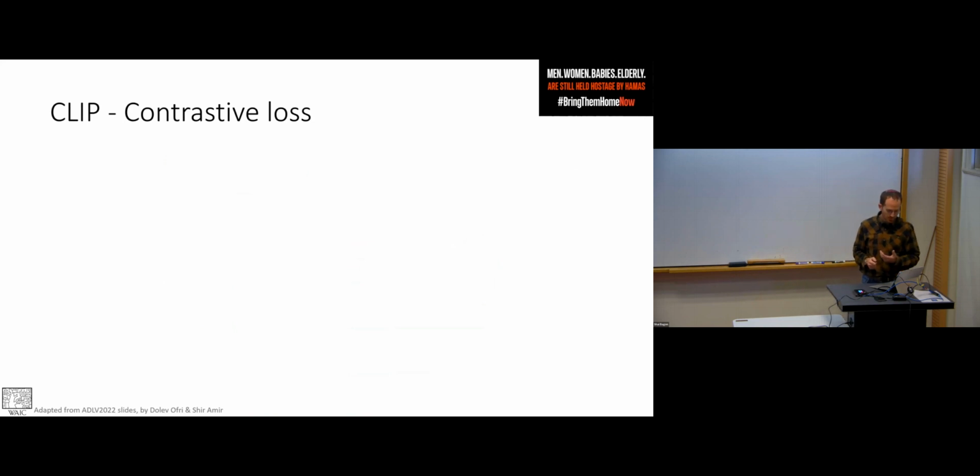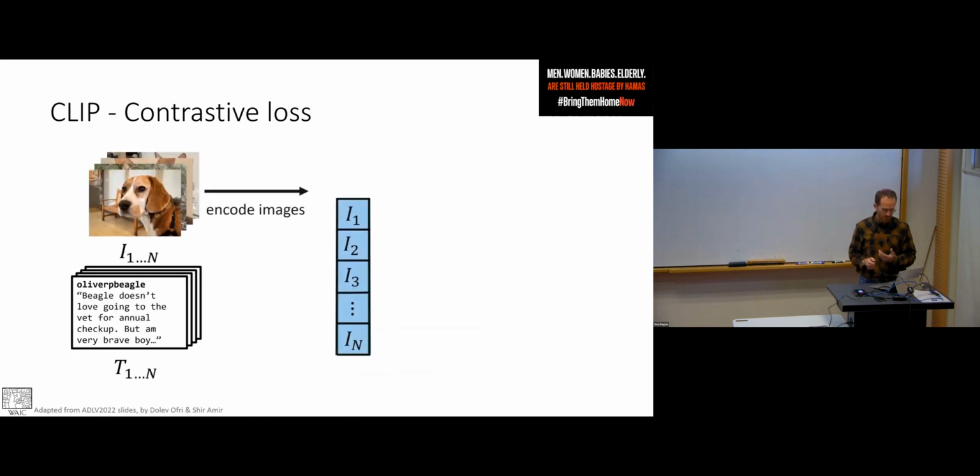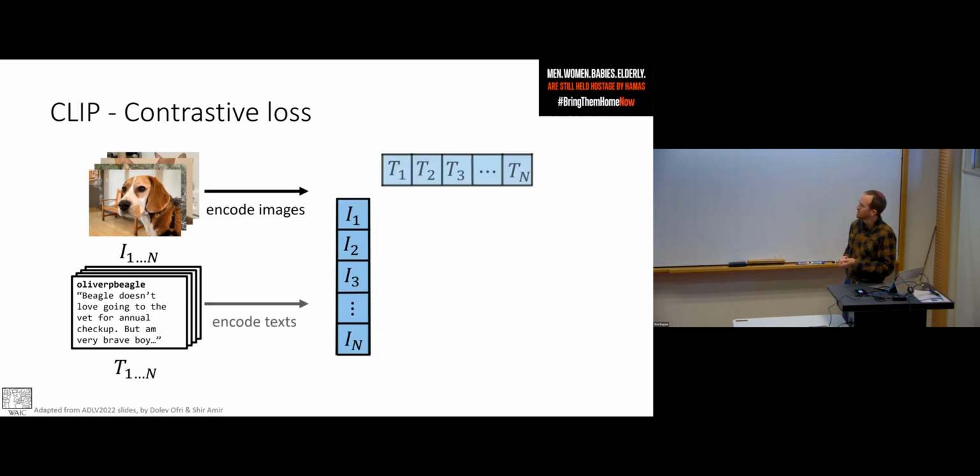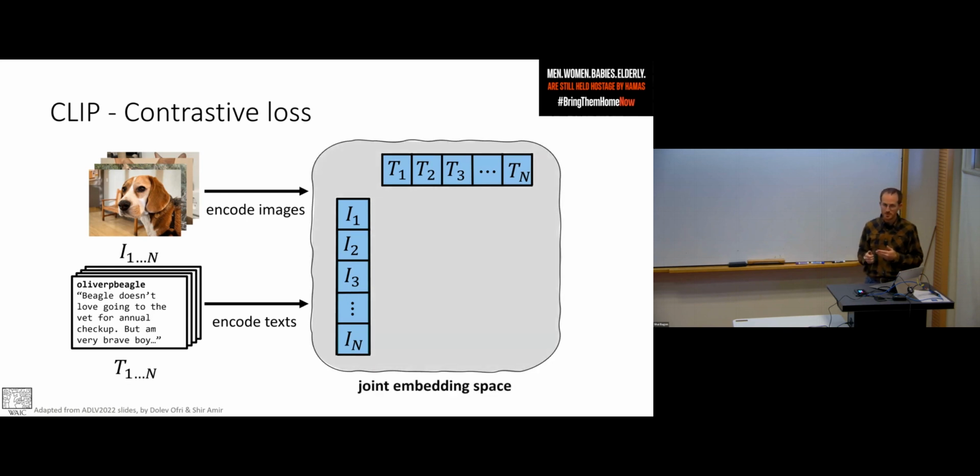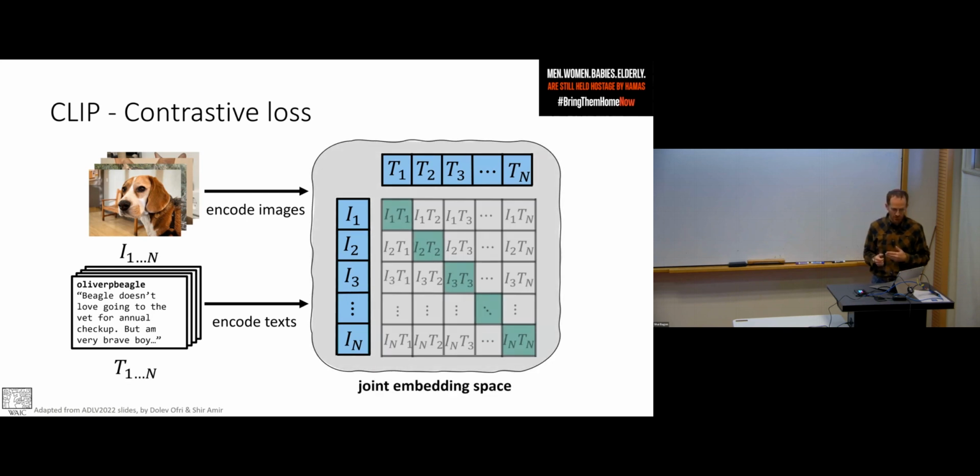So we use the same contrastive loss for CLIP as well. We have image embeddings for all the images in the batch. We have text embeddings for all the texts in the batch. And then we can compute the similarities between all images and all text in the batch. And on the diagonal, we have the positive pairs.